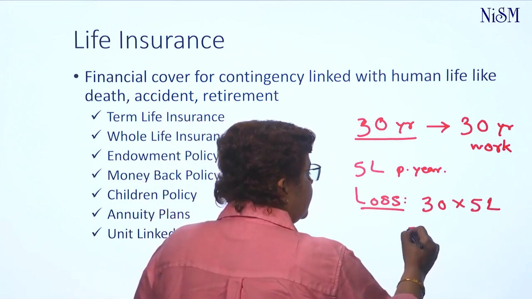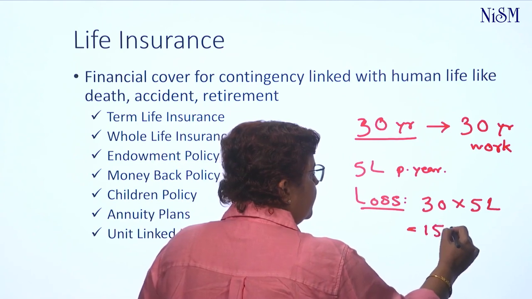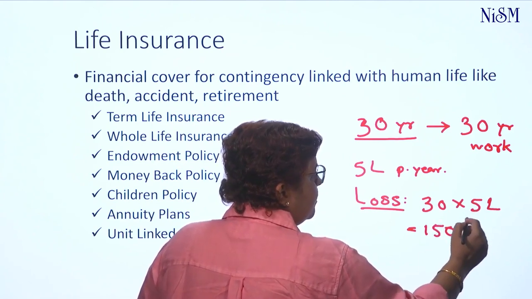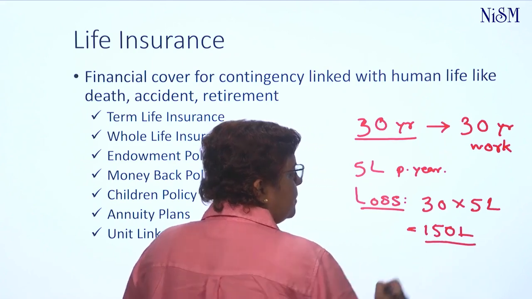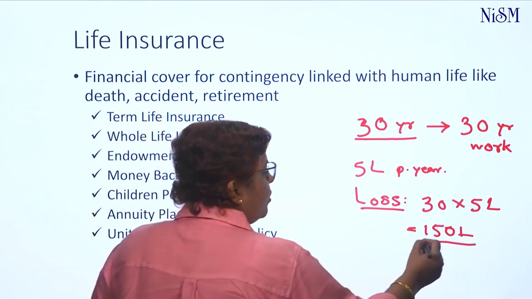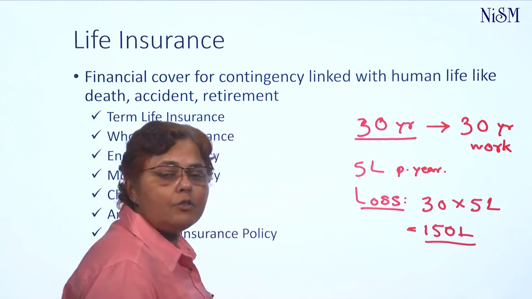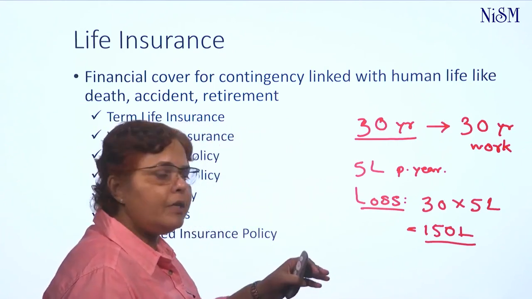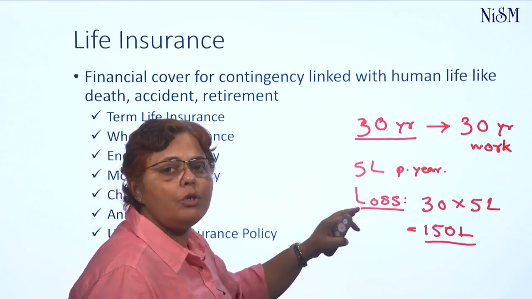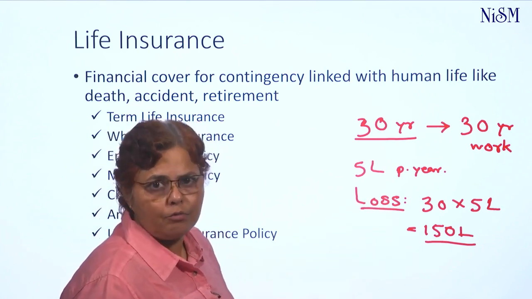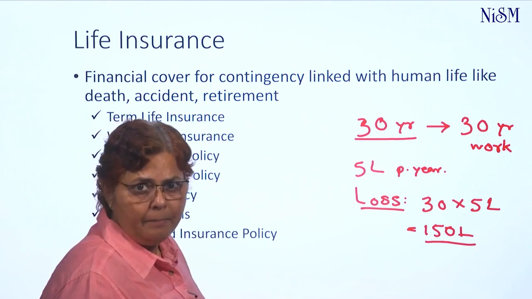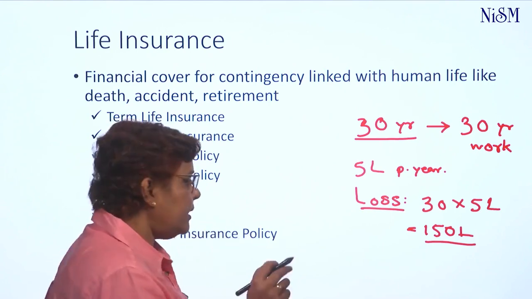That means he would have earned 1 crore and 50 lakhs over the next 30 years. But if he dies at the age of 30, his family is going to take a loss of this 1.5 crores. And so, a term insurance will be taken by him, which will look something like this.